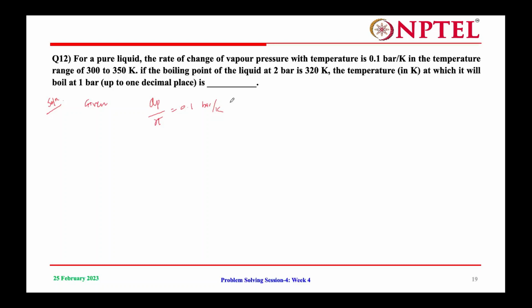Can someone tell how to calculate the temperature at which it boils at 1 bar?